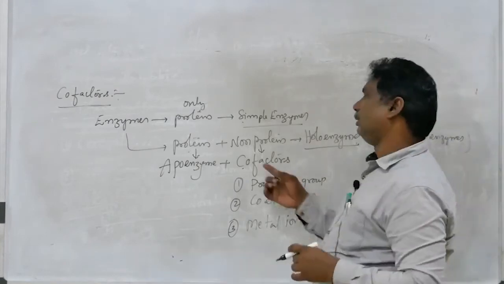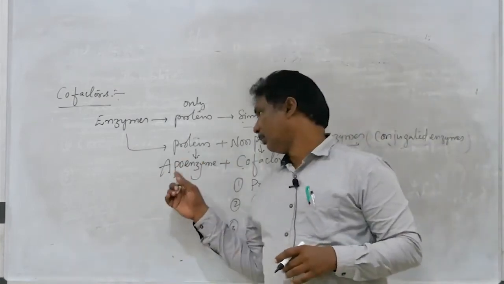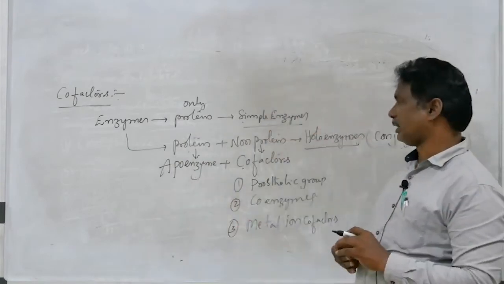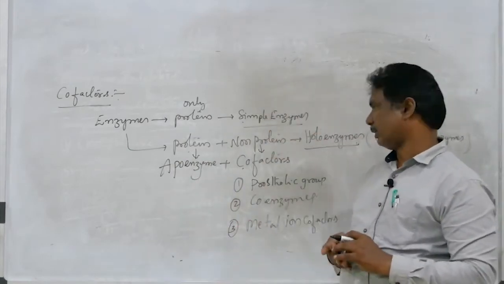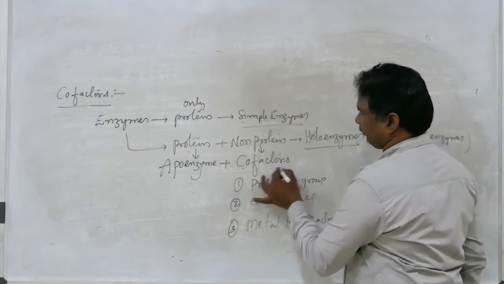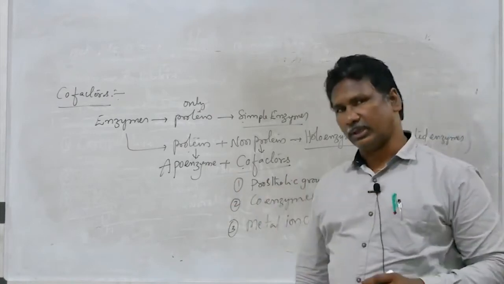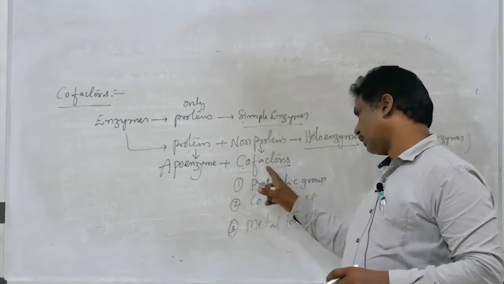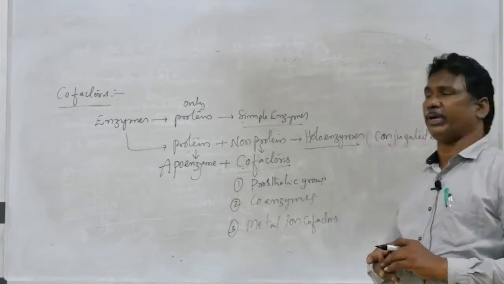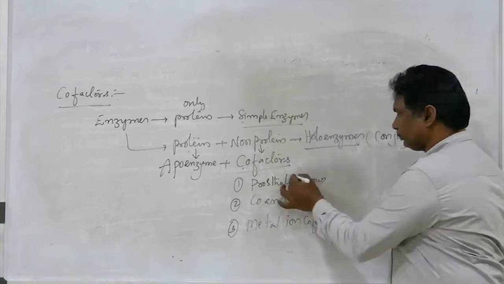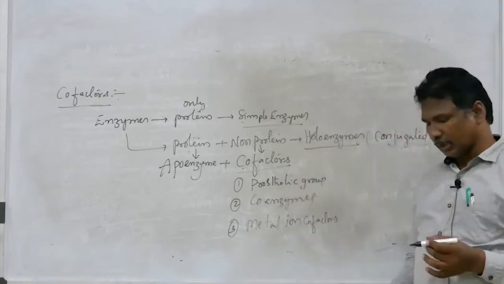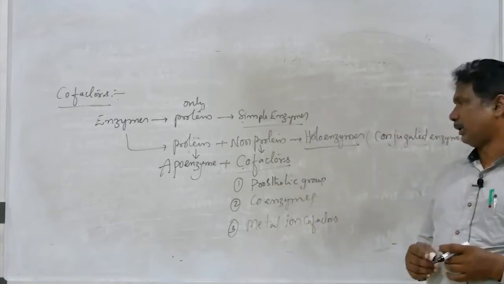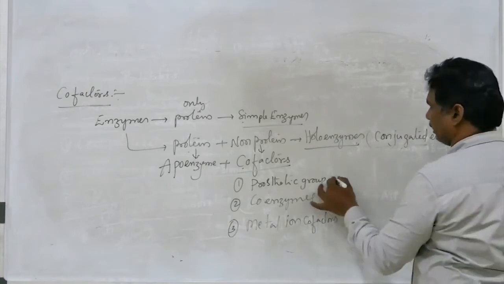The proteinous part is called apoenzyme and the non-proteinous part is called cofactors. There are three types of cofactors: prosthetic group, coenzyme and metal ion cofactors. So you can see them one by one.